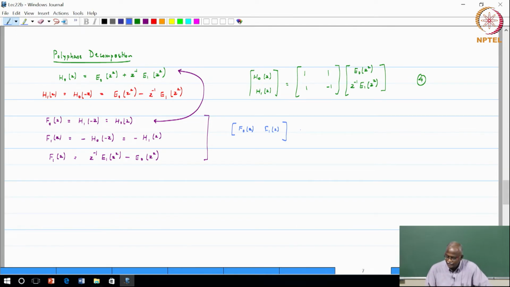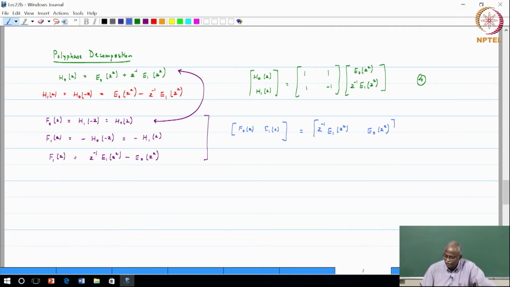Let us write down the expressions. So, we would now write it down in the following way. F0 and F1, if you look at it, has got two polyphase components. I am going to write it in the following manner: Z inverse E1 of Z squared and E0 of Z squared.